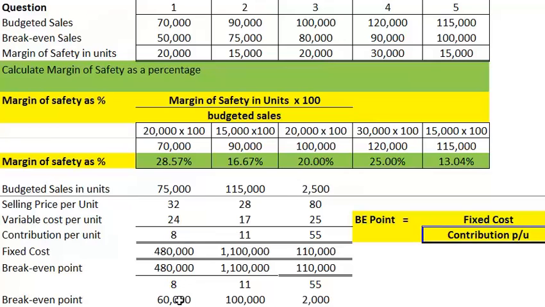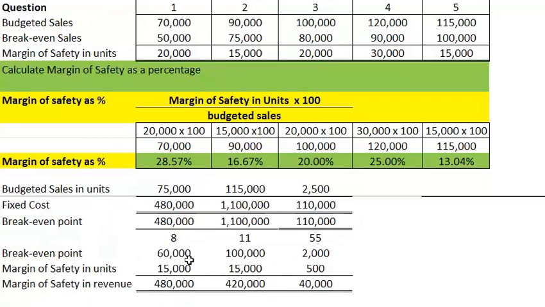Break-even sales is 60,000 units. When you deduct break-even point from budgeted sales of 75,000, we get margin of safety in units of 15,000.